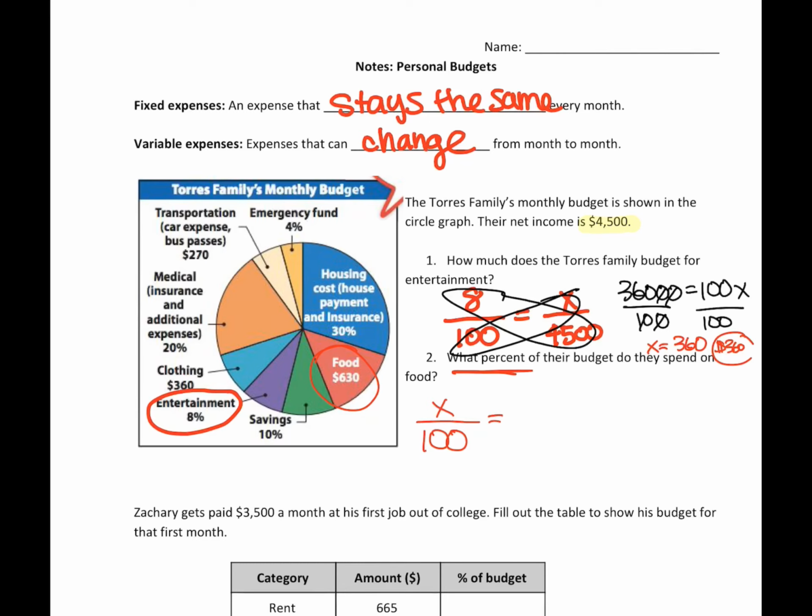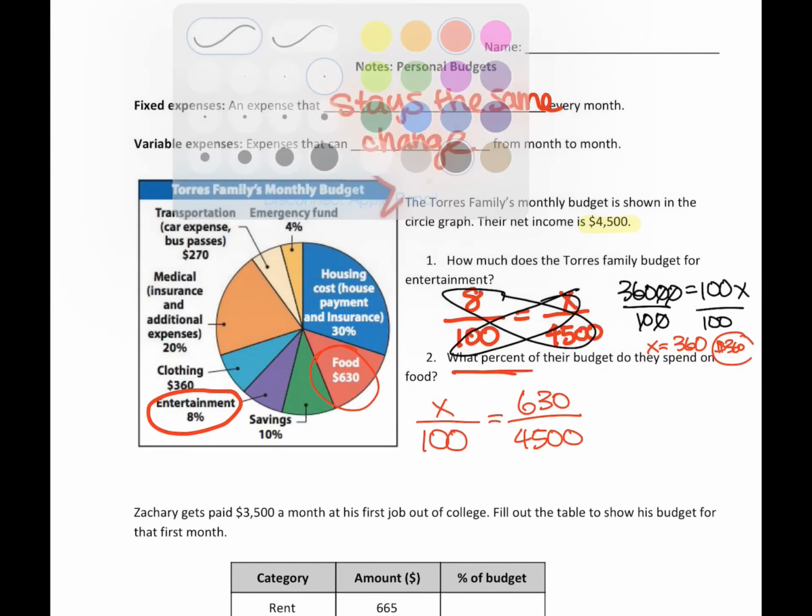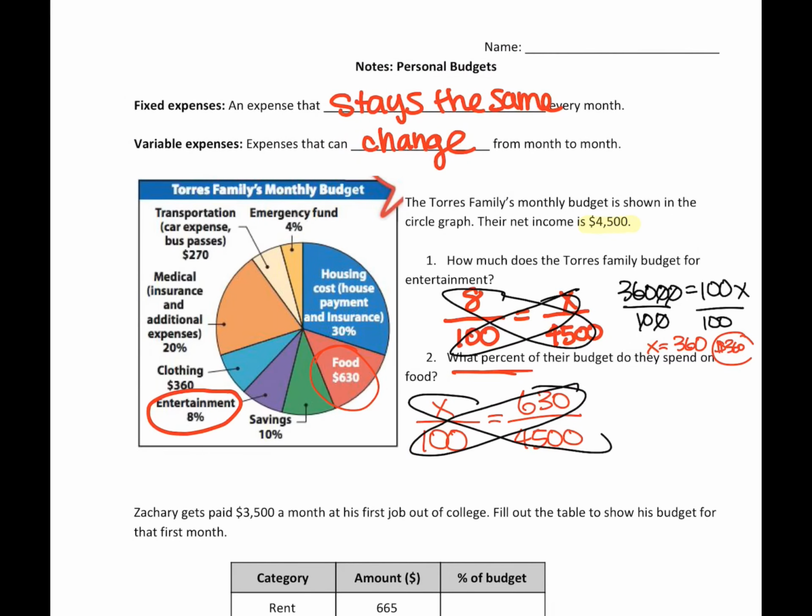And then we're going to put 630 over the total net income, which is 4,500. And then we just cross multiply. And this time it becomes 4,500x equals 630 times 100. All we have to do is add on 2 zeros now when we're multiplying.